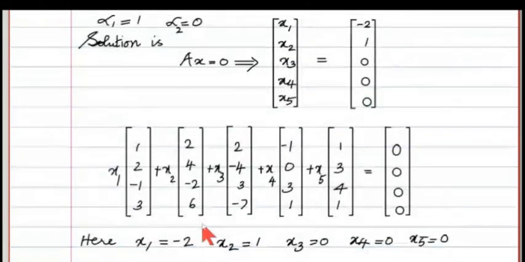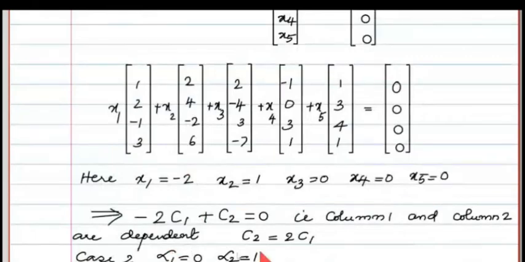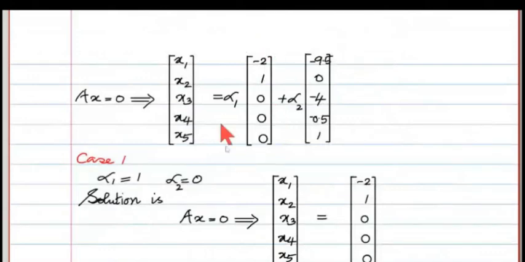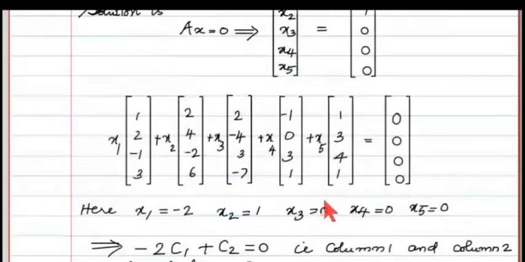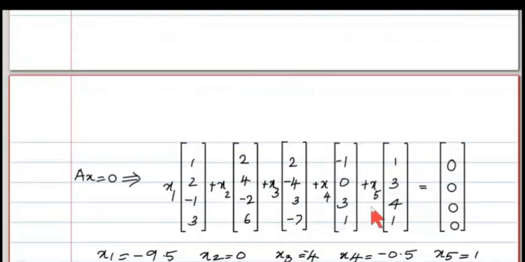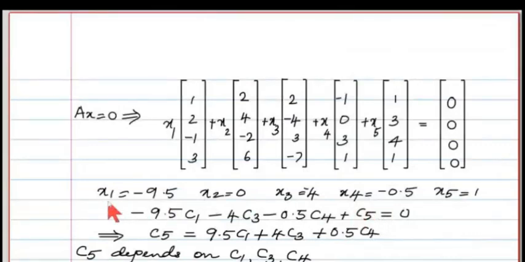Another case: here we are going to select alpha 1 equal to 0 and alpha 2 equal to 1. So the solution becomes, the first term gets eliminated, and we get only the second term, minus 9.5, 0, minus 4, minus 0.5, 1. From this, we get these equations: x1 equal to minus 9.5, x2 equal to 0, x3 equal to minus 4, x4 equal to minus 0.5, x5 equal to 1.